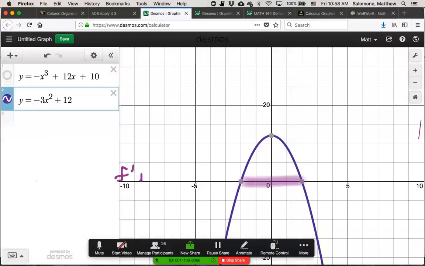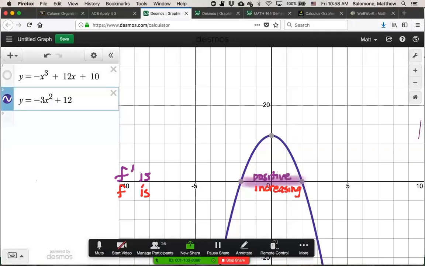F prime is positive because the graph is above the x-axis. But then using our correspondence, that means that we know that the function is increasing. So I kind of like to draw that information right there on a little number line, right? Where the derivative is positive, the function is increasing.